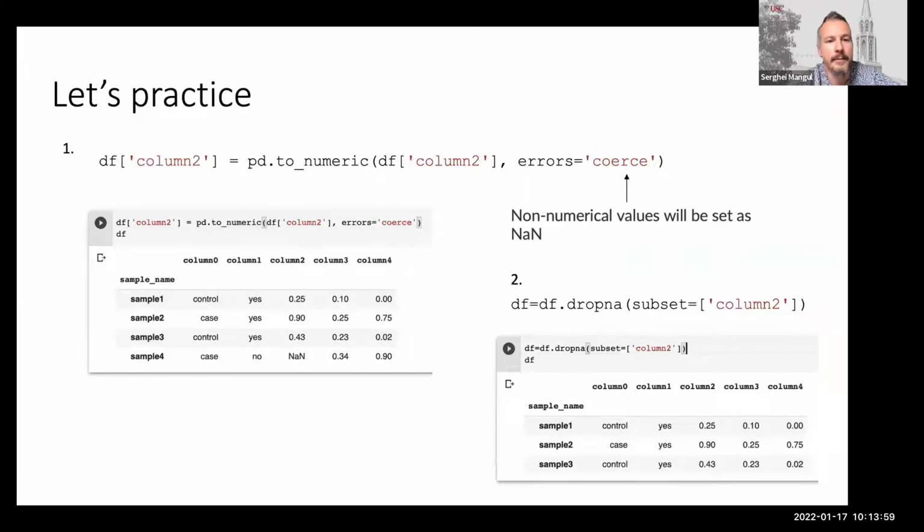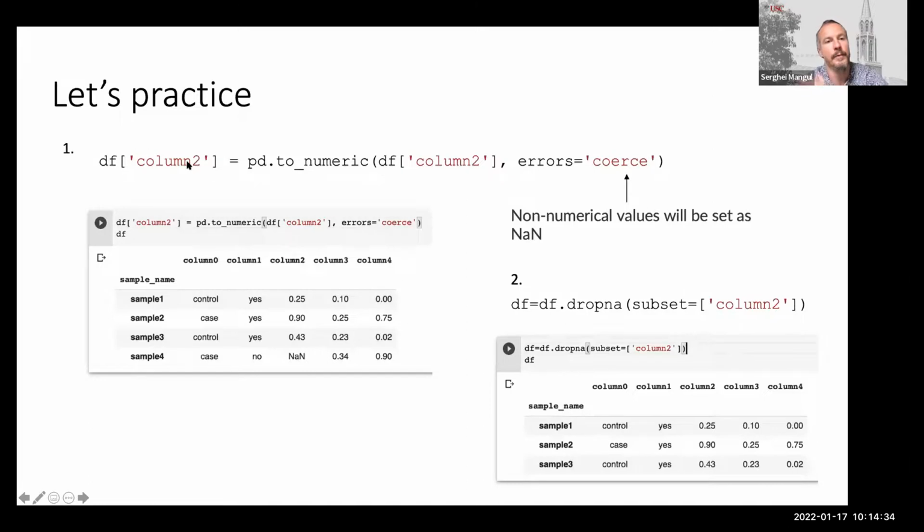Okay, so we're looking at column 2 here. So this is our column 2. We have some numbers, and then we have some non-numerical value. What we do is try to convert everything to numeric, right?